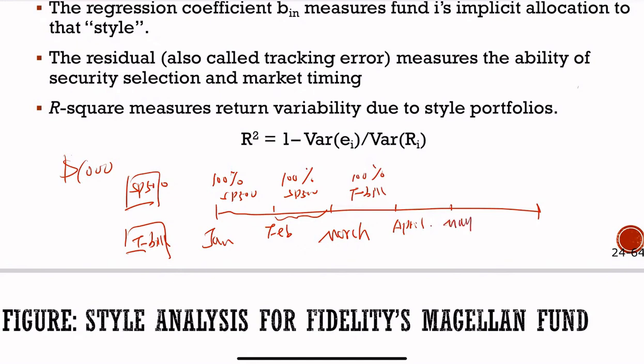Potentially it will decrease or it will increase. So I will put 50% in the S&P 500 and 50% into T-bill. So this is called market timing. You're a market timer, trying to time the market by correctly predicting entry and exit.